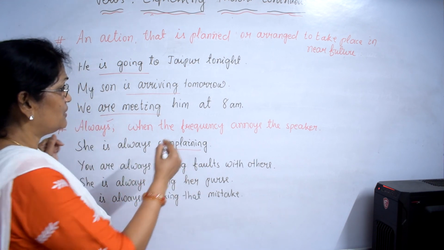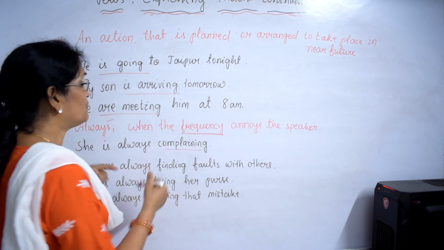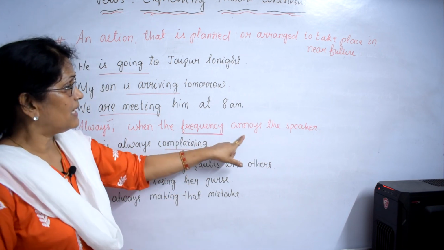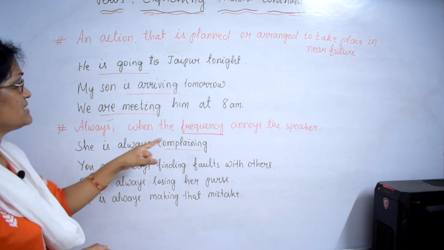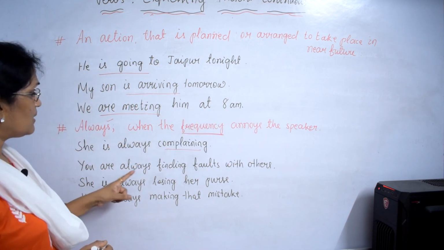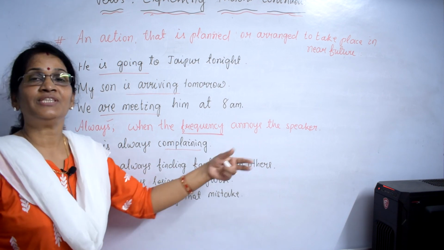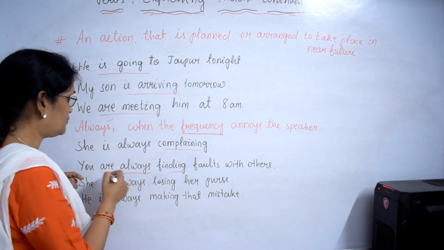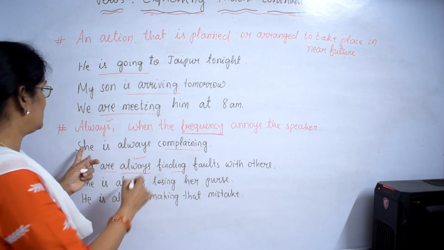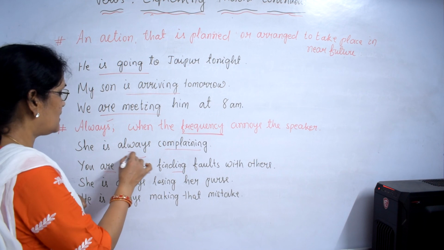So that is a frequent action that annoys the speaker. So, the speaker says, she is always complaining. You are always finding faults with others. In between are finding, always. In between is complaining, always.